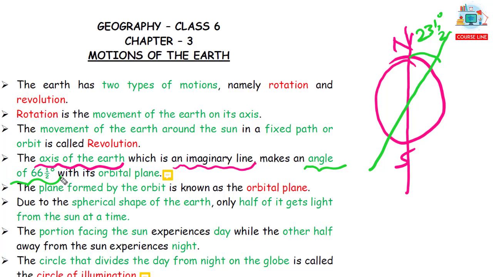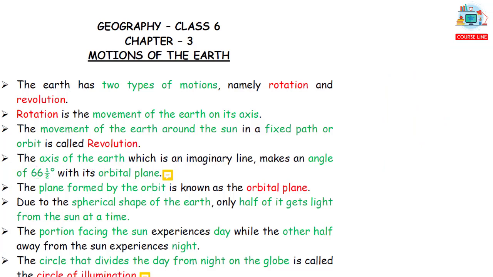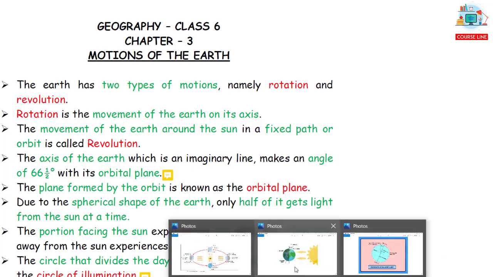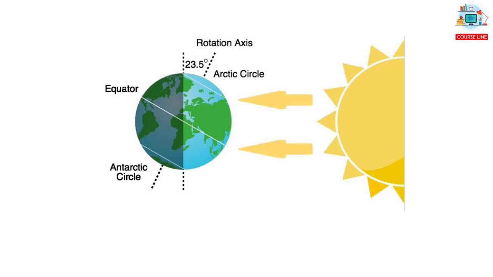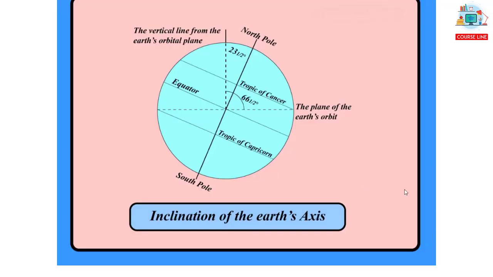Okay, so let's see this in our picture. Here it is. This is our earth. Okay, and this is vertical plane, and this is the axis of the earth. It is making an angle of 23.5 degree.